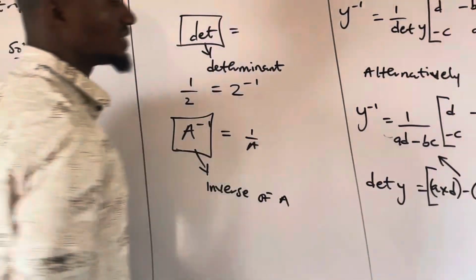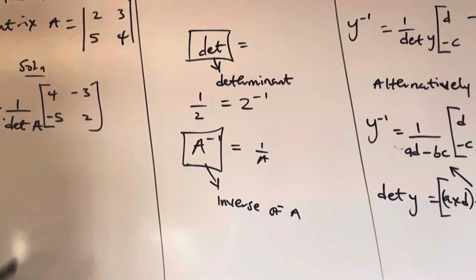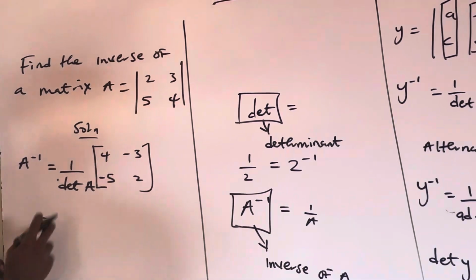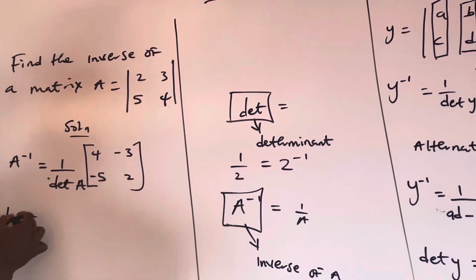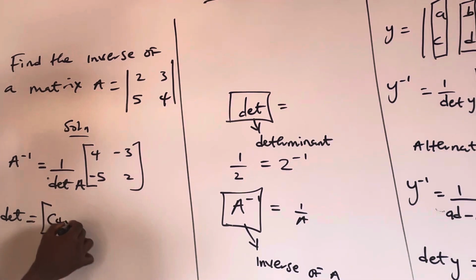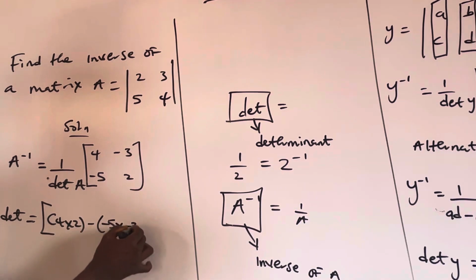That is why I showed something like this here. Did you understand? So here now, before we start working here, first of all, we're going to find det A here. The det A here now is going to be, big bracket, small bracket, 4 times 2 minus 5 times minus 3.